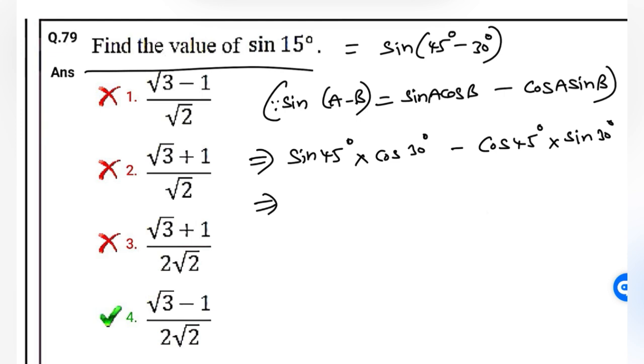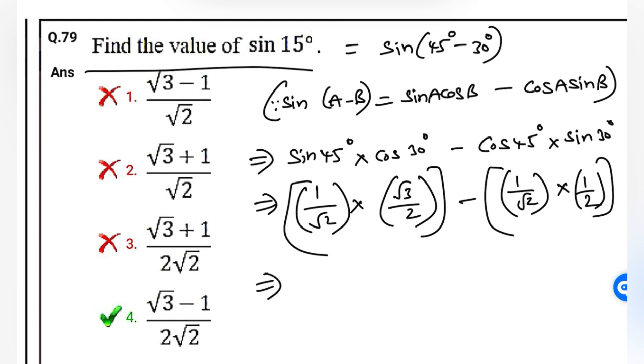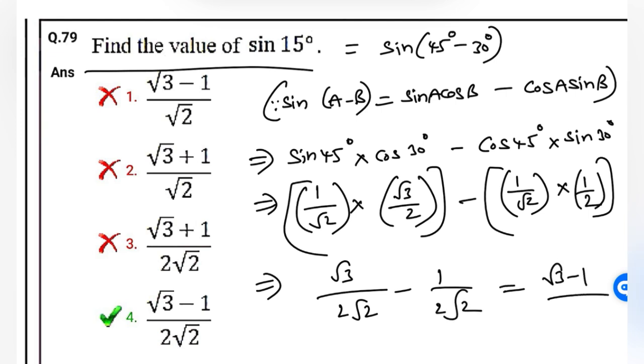We know that sine 45 value is 1 by root 2 and cos 30 value is root 3 by 2. Similarly, cos 45 value is 1 by root 2 and sine 30 value is 1 by 2, which implies root 3 by 2 root 2 minus 1 by 2 root 2, that is equal to root 3 minus 1 by 2 root 2.